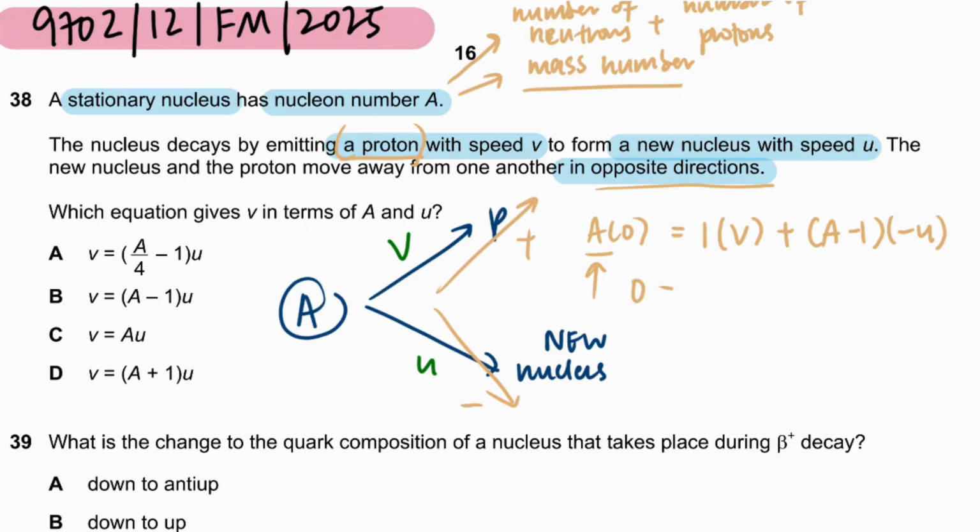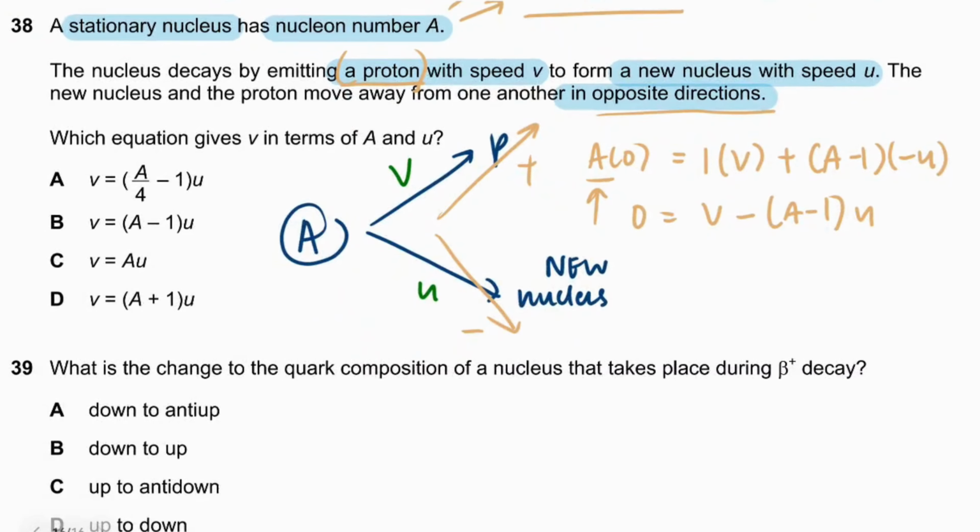So this will be 0 equals v minus (A minus 1)u. I make v the subject because they want the equation with v in terms of A and u. So I bring my v over, I get negative (A minus 1)u, and the negatives cancel out, and you will get v equals (A minus 1)u. This would be your final answer. The answer is B.